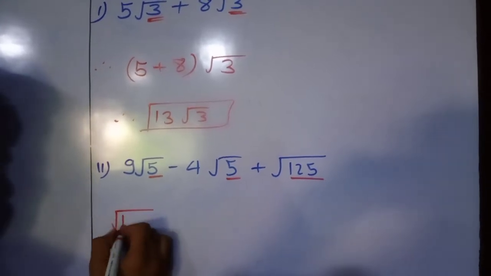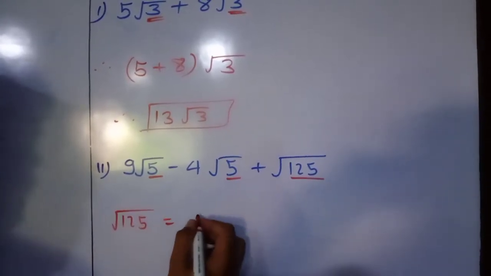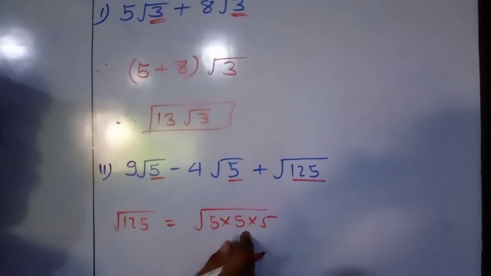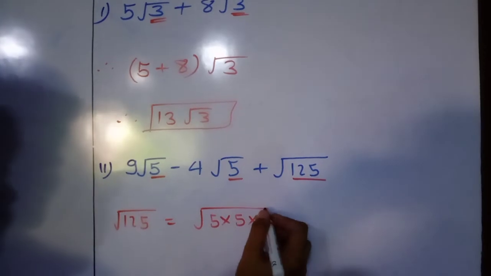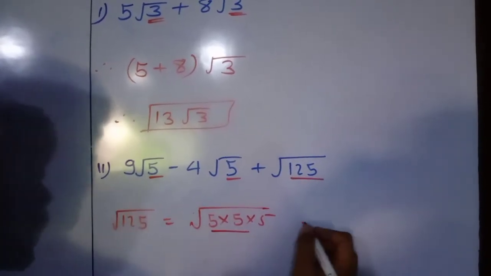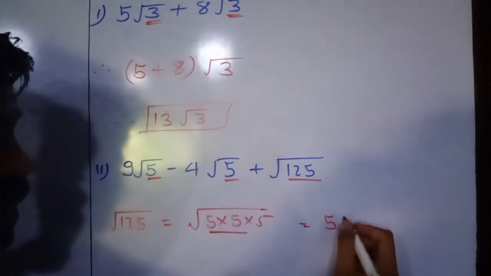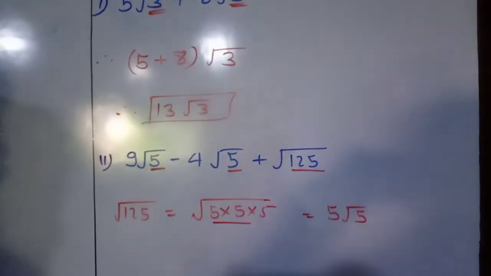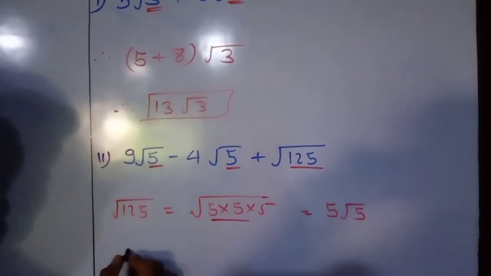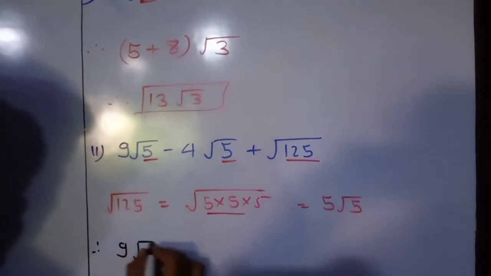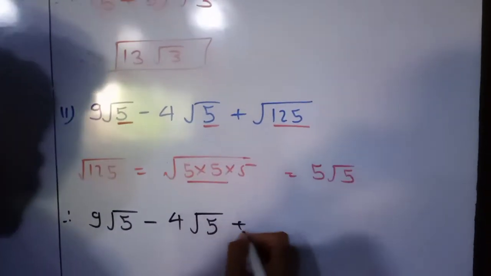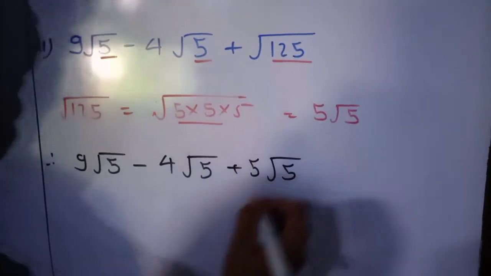Root 125 we can write as 5 into 5 into 5. 5 5s are 25, 25 5s are 125. Because the order is 2, make a pair of 2, and it will become 5 root 5. This way, at the place of this we can write this. So therefore 9 root 5 minus 4 root 5 plus 5 root 5.